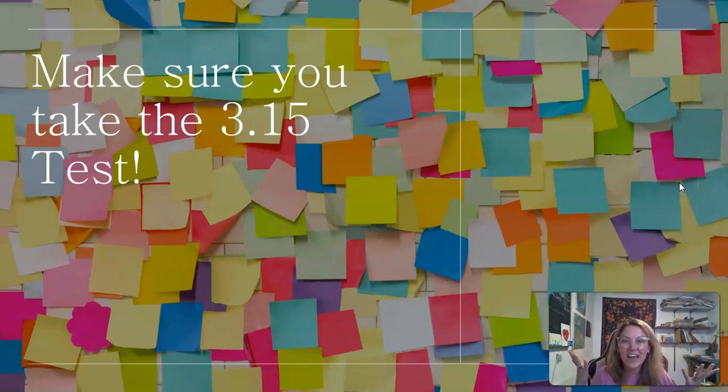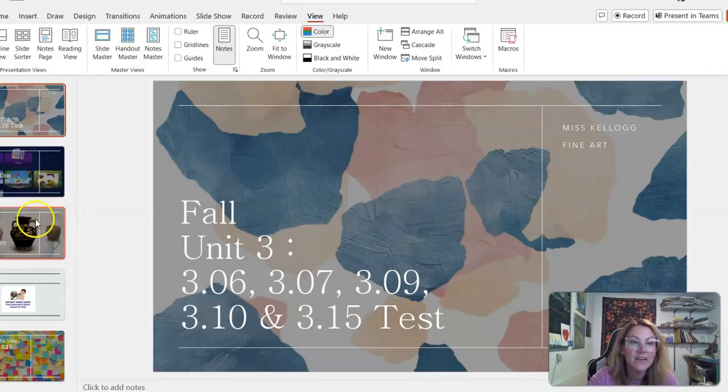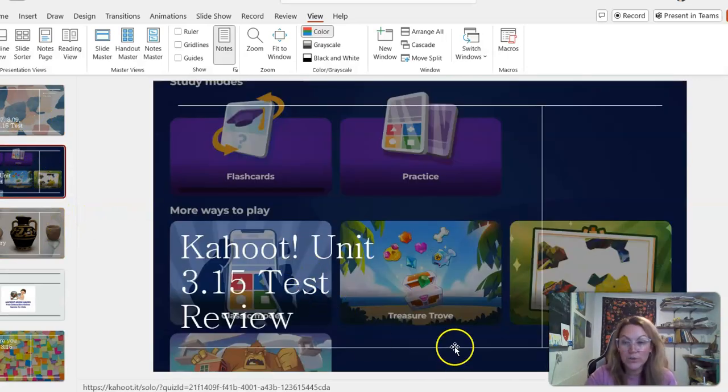All right, that is all I have for you guys today. I want to make sure that you guys are prepared for this 3.15 test. You can go back and review through the content. I think the easiest way to review through that content is to go back through the Kahoots.